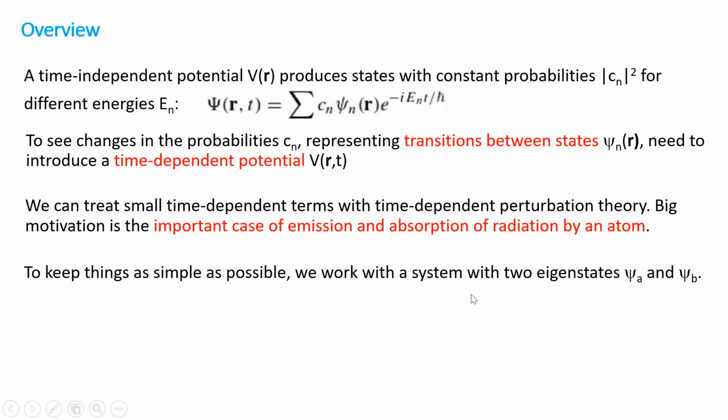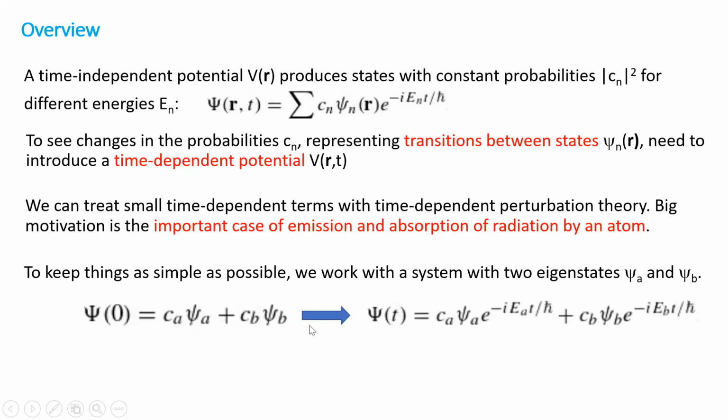So this will give us just a simpler look. So we start off with a wave function without the time-dependent term, which is just the first eigenstate psi A weighted by Ca plus the second eigenstate psi B weighted by Cb. And that's at time 0.